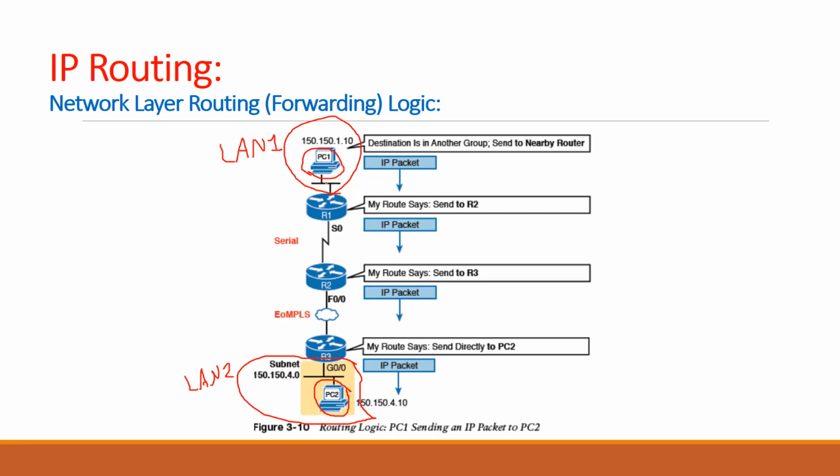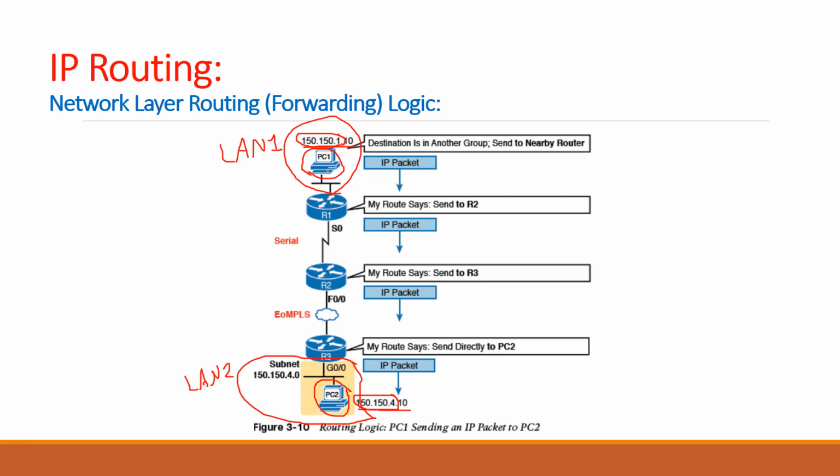First of all, PC1 has an IP address 150.150.1.10 and PC2 has 150.150.4.10. They are in different subnets, and this is the subnet address. But just for your information, later we will deep dive on this addressing.